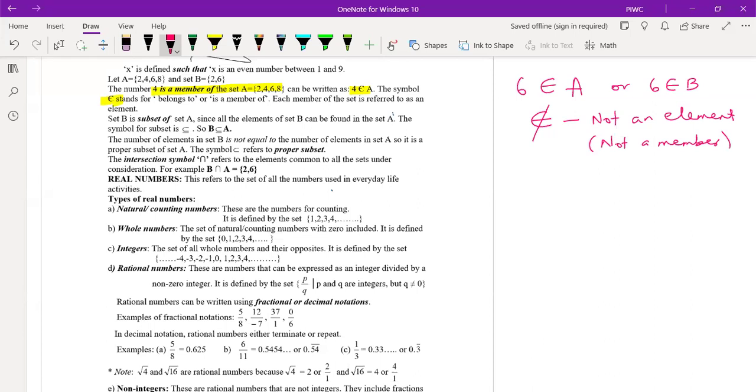So an example would be, if I look at set A and B again, I can say that the number 7 does not belong to, or it's not an element of the set A. So that's how we represent it's not an element of something.